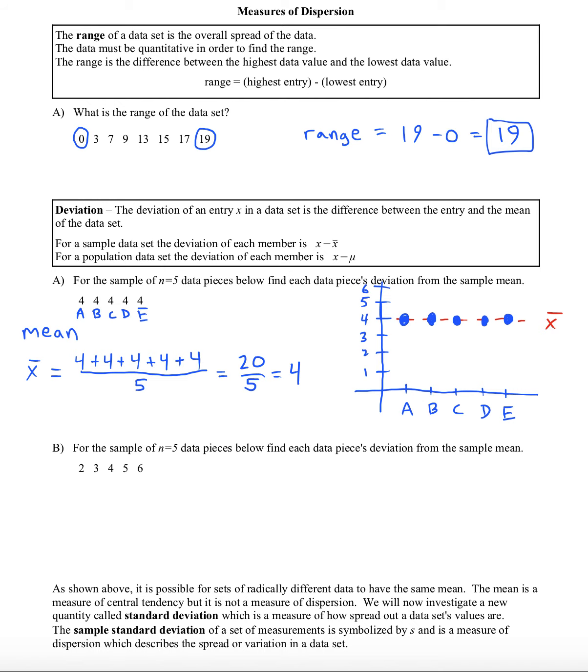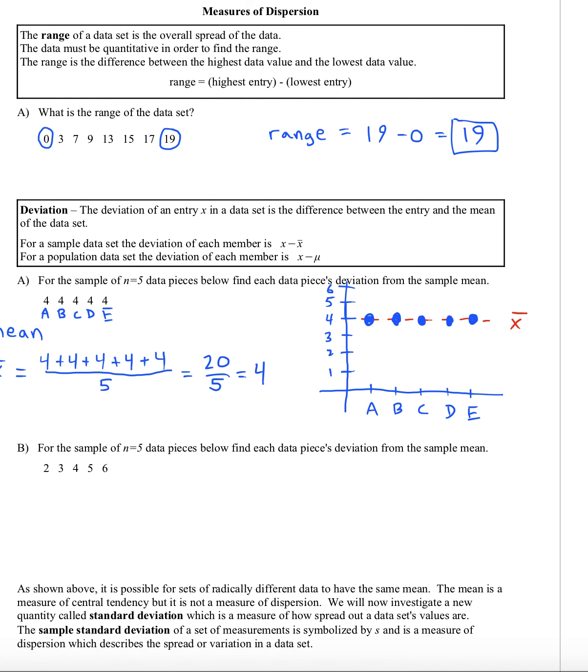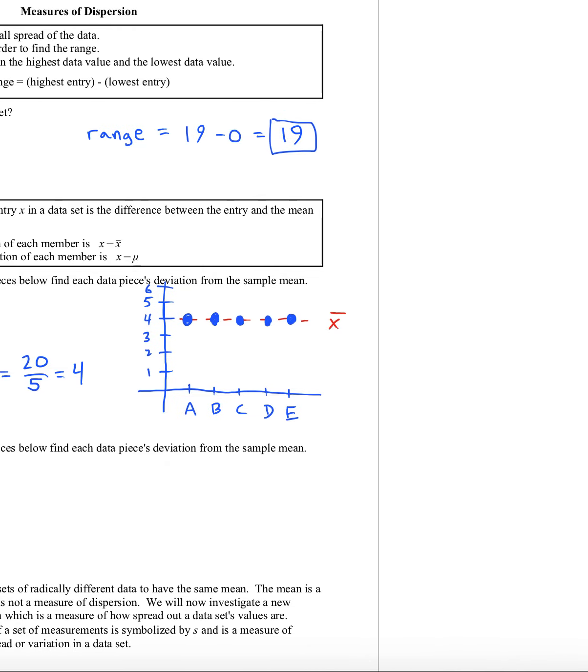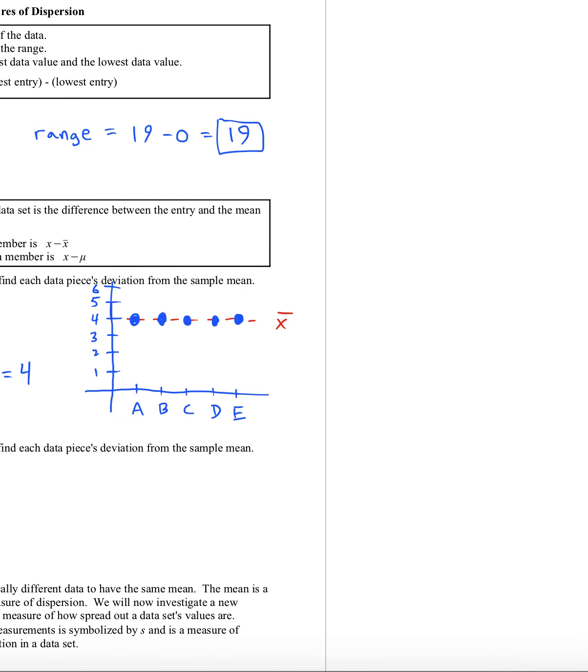And now we're going to calculate the residuals. To get the residuals, we'll make a table of X, X bar, and then we need to subtract X minus X bar.